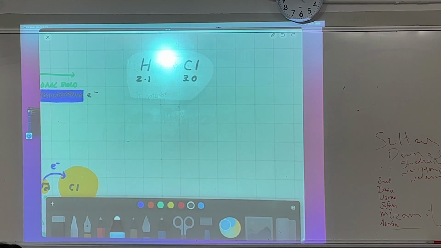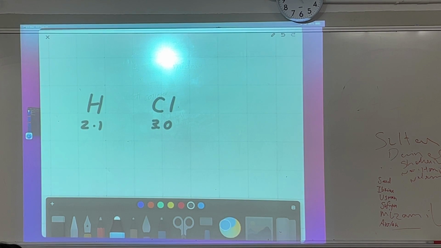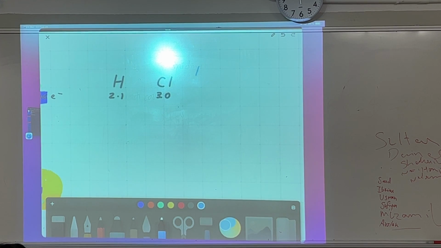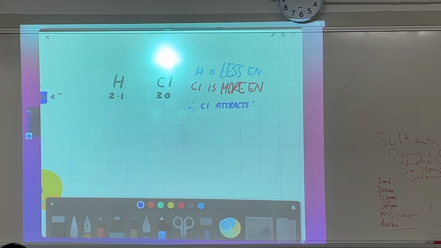So can you tell me which atom attracts the electron better? Cl. So right now, H is less electronegative, and Cl is more electronegative. That means, what's your conclusion? Cl attracts the bonding electrons in yellow more strongly.